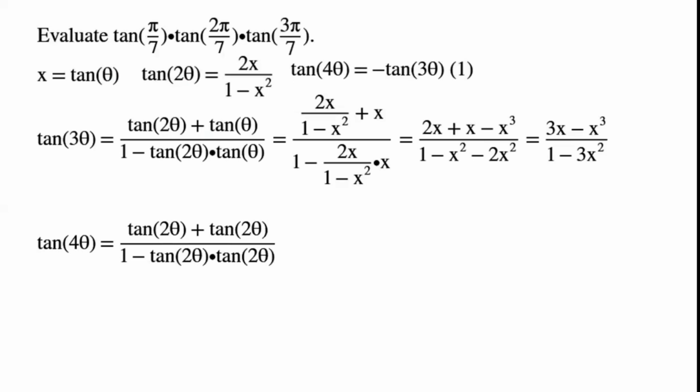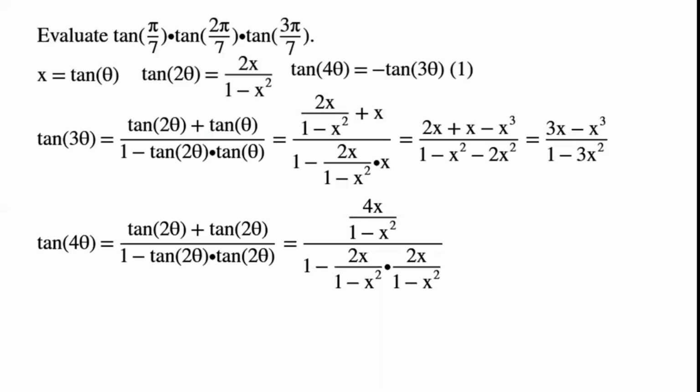By the addition formula, tan 4 theta can be written as tan 2 theta plus tan 2 theta over 1 minus tan 2 theta times tan 2 theta. Substitute tan 2 theta equals 2x over 1 minus x squared in the trigonometric expression.